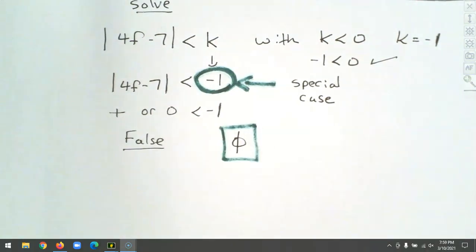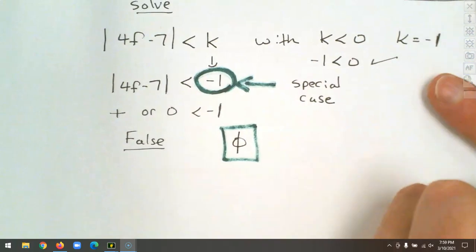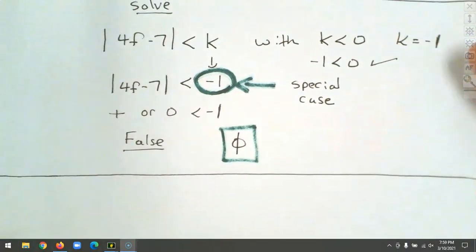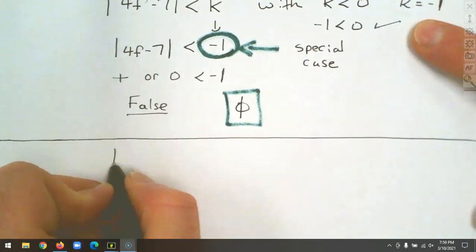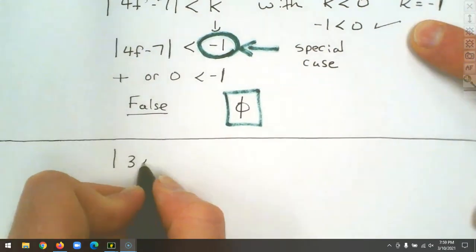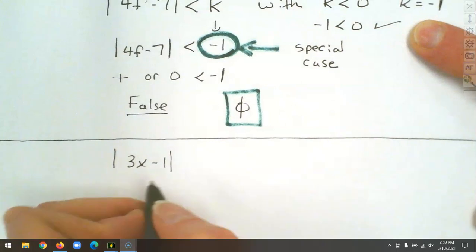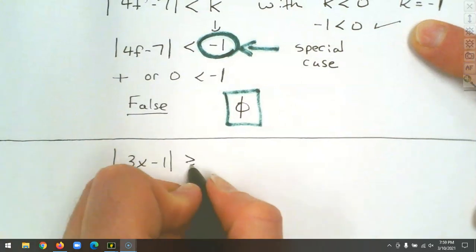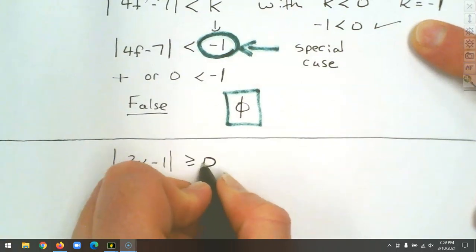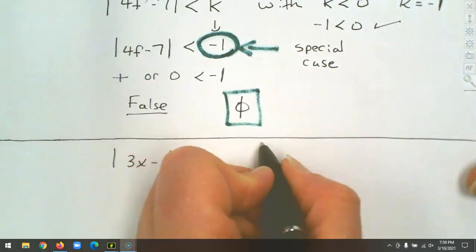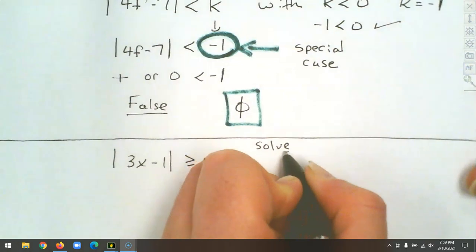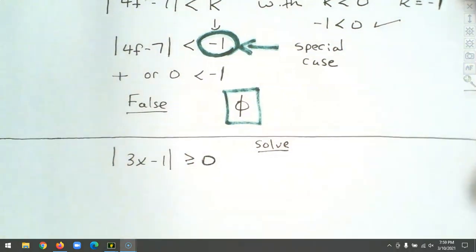And let's do one with 0 just to make sure we understand how 0 works as well. Let's say it's greater than or equal to 0. And again, we're going to have to solve this one. Okay, 0 kind of makes it a special case again. So what do we know?